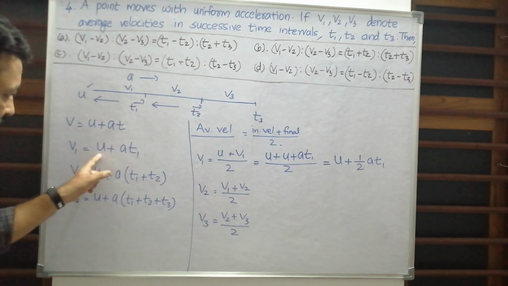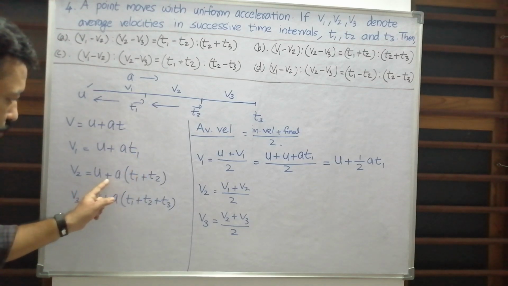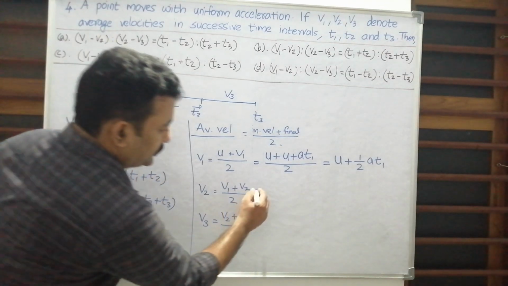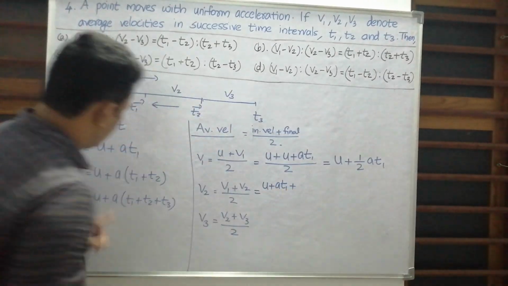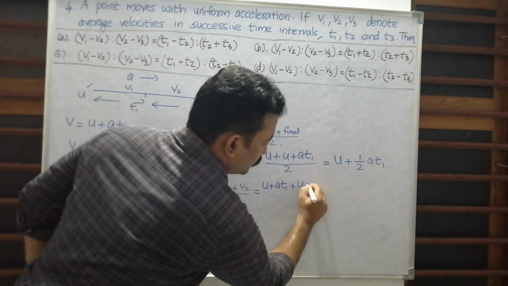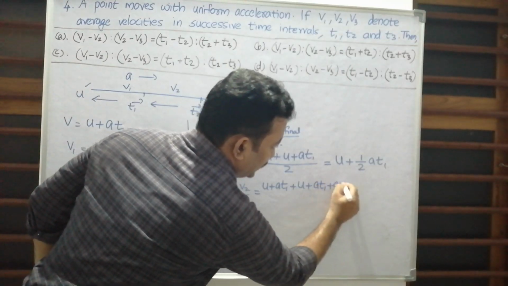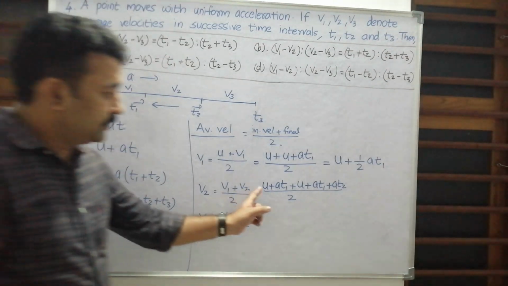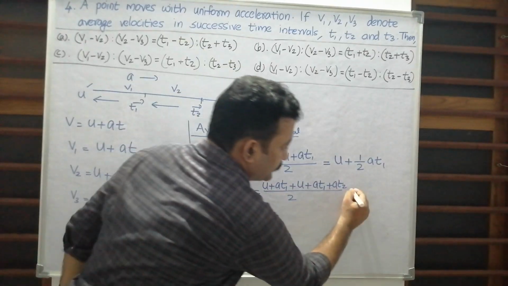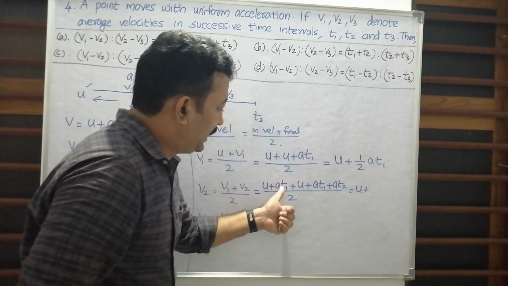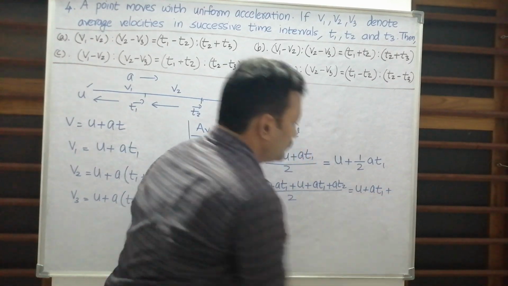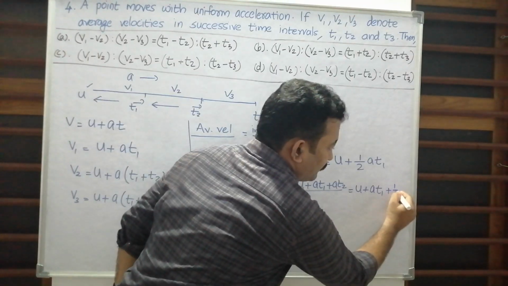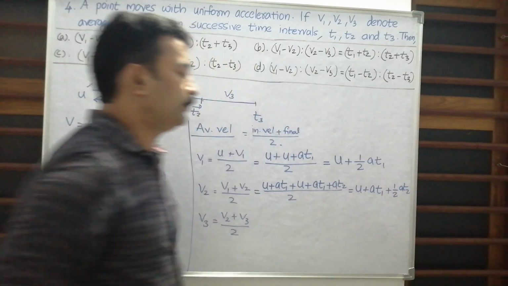What is v1? U plus at1. What is v2? U plus a into t1 plus t2. Substituting, u plus at1 plus u plus at1 plus at2 by 2. Still you can see u plus u, 2u by 2, that is u. at1 plus at1, 2at1 by 2, that is at1. And at2 by 2, half at2.